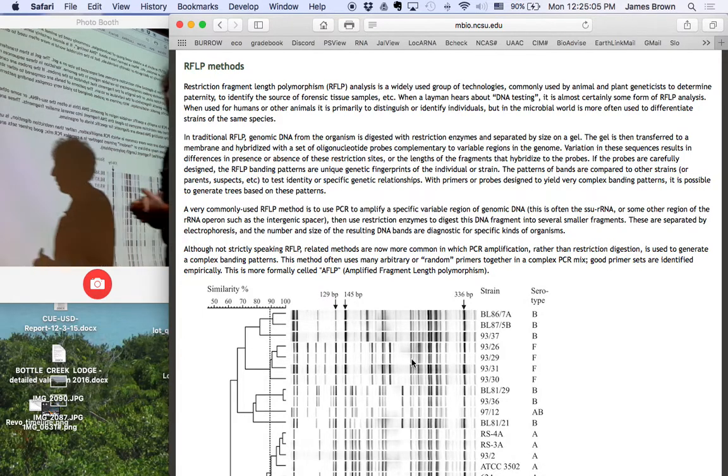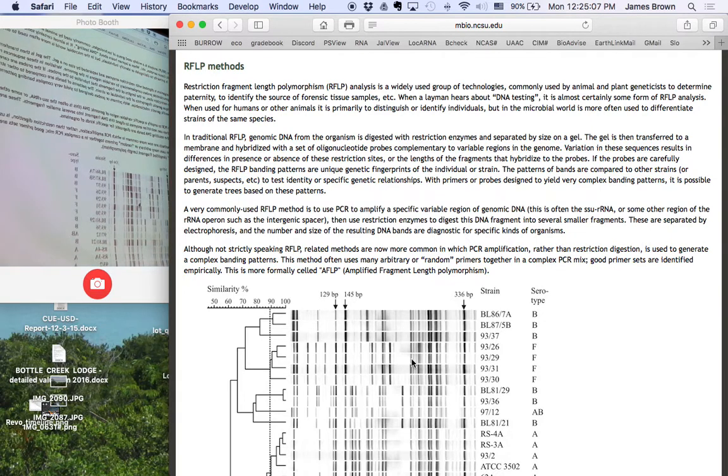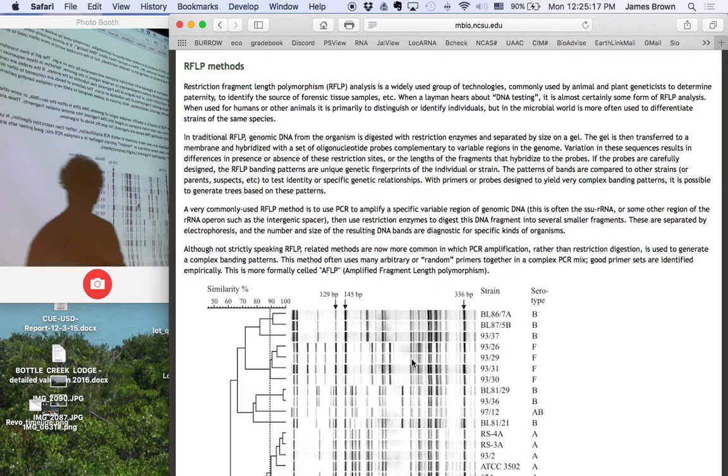If any of you have ever been the subject of a forensic DNA analysis, this is how it works. This is used a lot in the eukaryote world. There is huge money in this, for example, in animal husbandry, to make sure you're breeding the right animals for optimum whatever production.